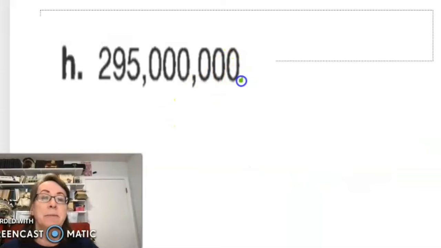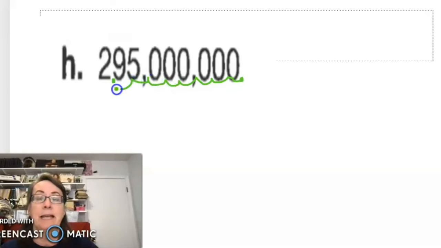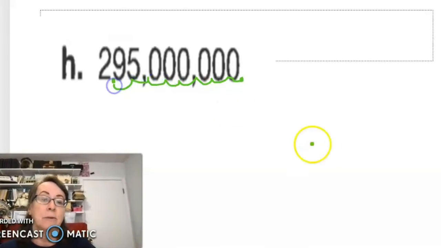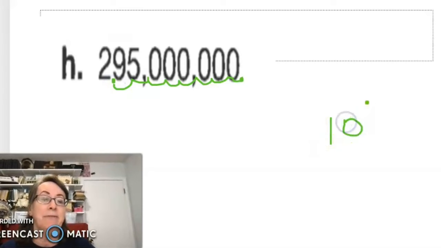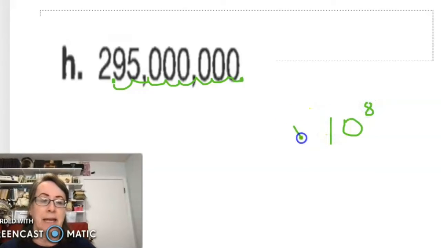H. Okay, so our decimal place is here, and we need to move the decimal place to here. So how many steps is that? 1, 2, 3, 4, 5, 6, 7, 8. So it's going to be times 10 to the 8th. We moved it to the left to get it in the right spot. That's dividing by 10 to the 8th.